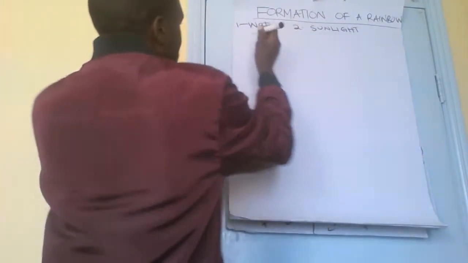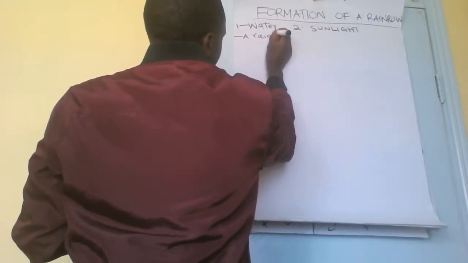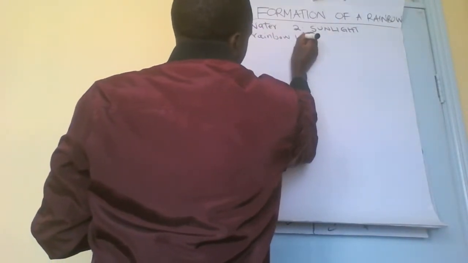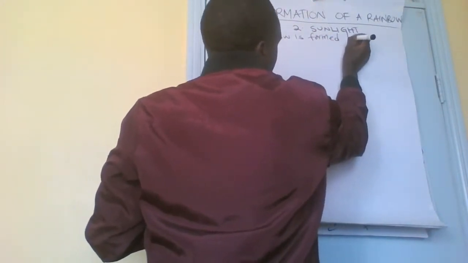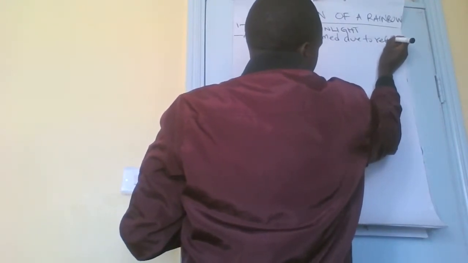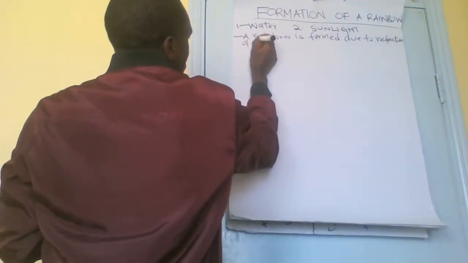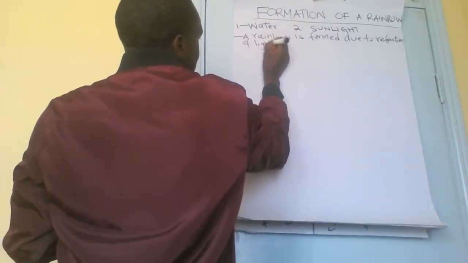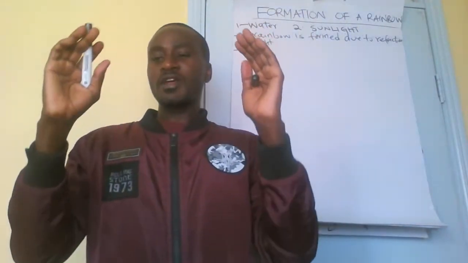So when we start from there, we say a rainbow is formed due to refraction of light, due to bending of light.